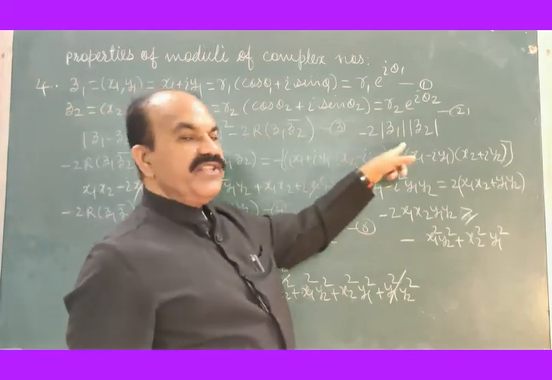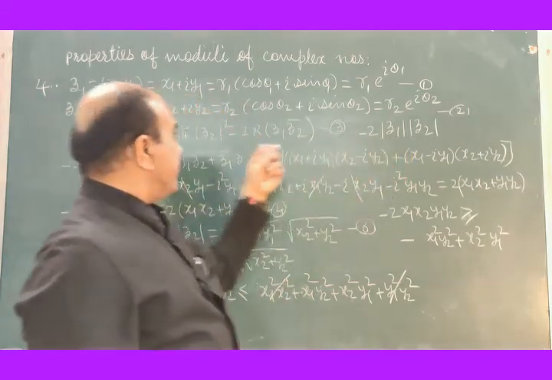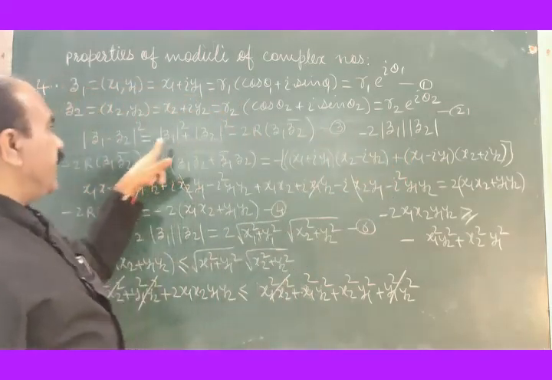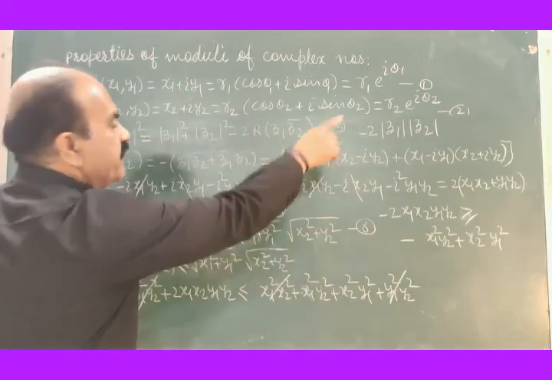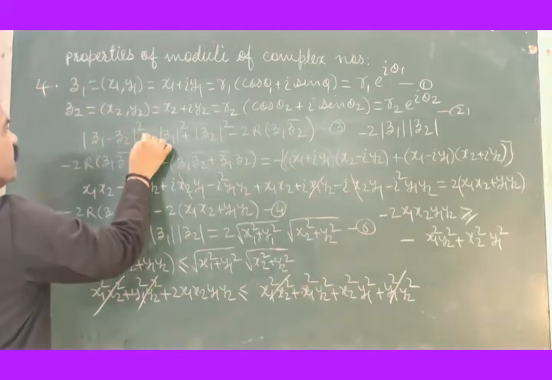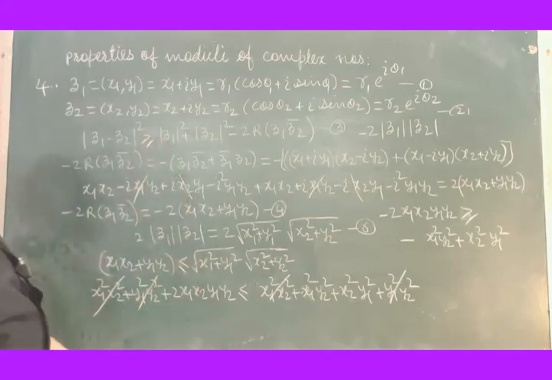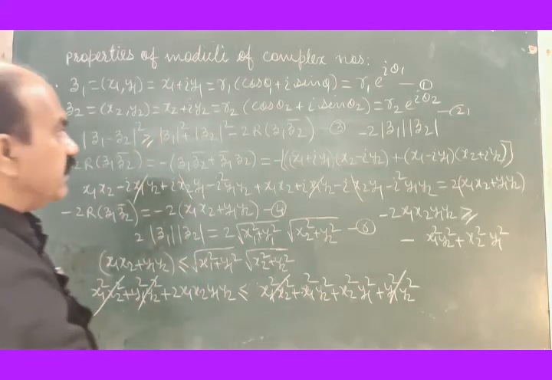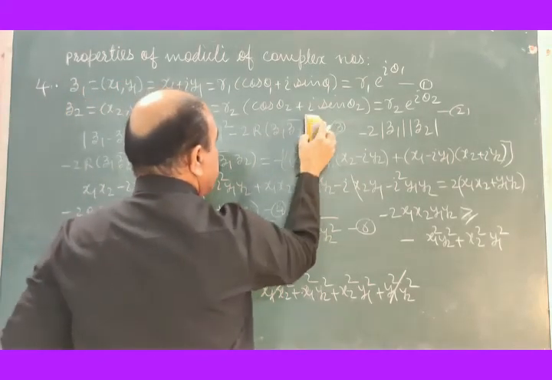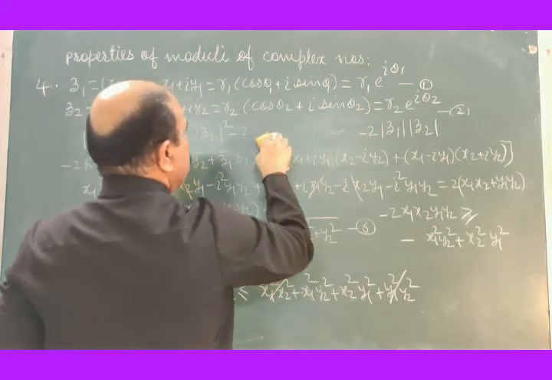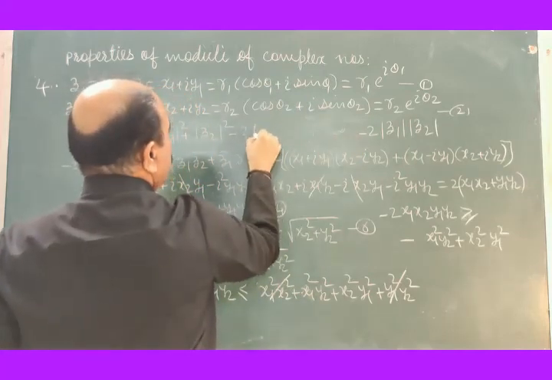If this is replaced with this, a larger term is subtracted, and therefore the sign will be changed to greater than or equal to.